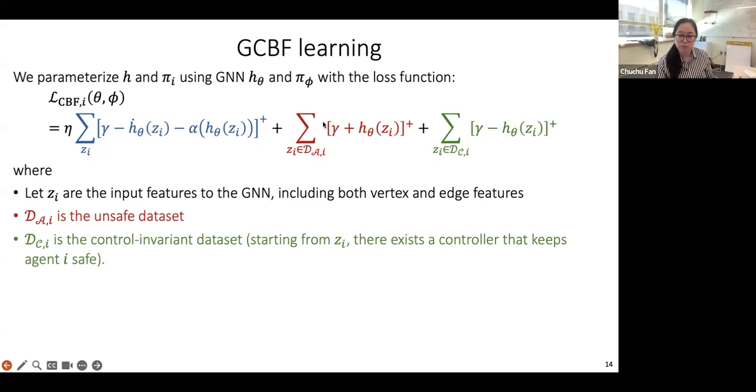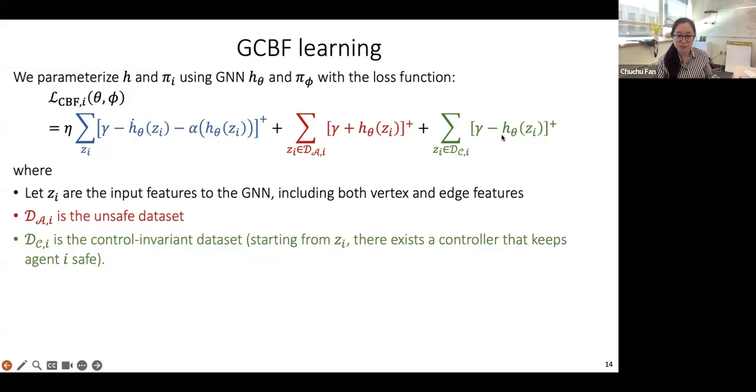This bracket with a plus is a ReLU function. It outputs the same value when it's positive, and outputs 0 when it's negative, right? So if H for unsafe is positive, there will be a loss term. If it is negative, then this whole term becomes 0, so I do not penalize it here.